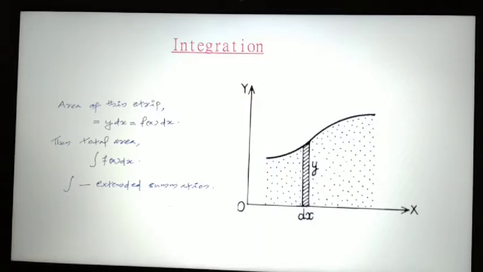Suppose this is f of y dx: f of y is considered constant, because you are integrating with respect to x, so f of y can be taken as a constant.